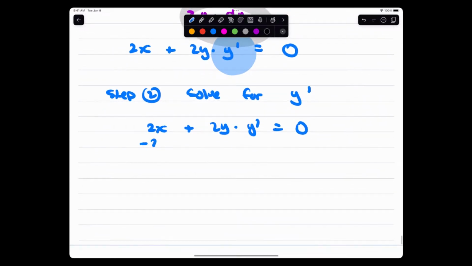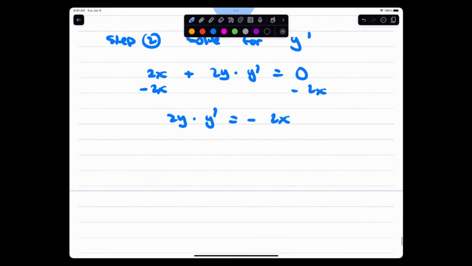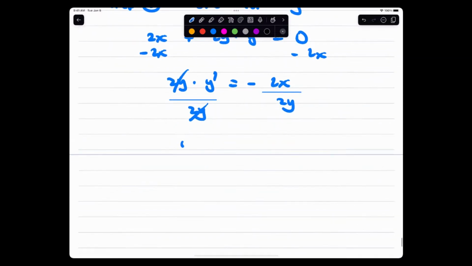Don't you subtract 2x from both sides? And now you have 2y times y prime becomes negative 2x, right? Don't you divide both sides now by what? By the 2y, right? Now what do you end up with? Your 2's cancel, don't they?